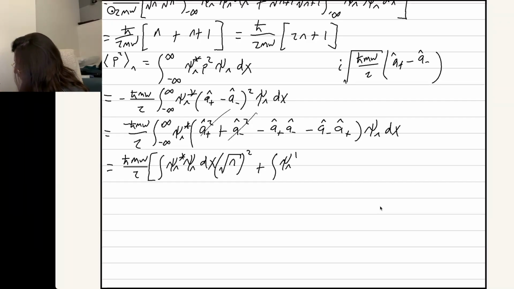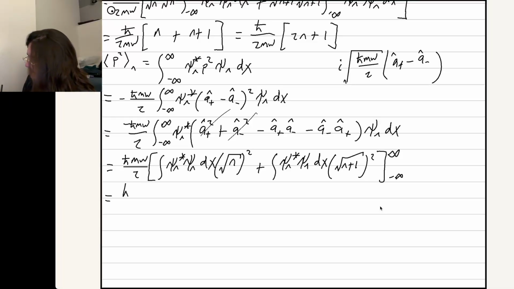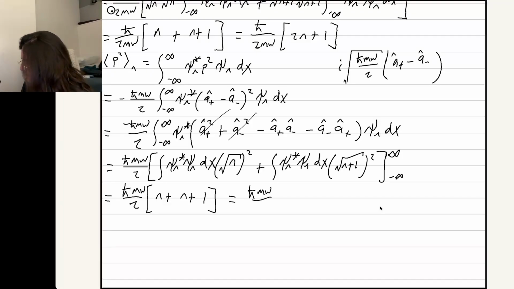And then also a psi n star psi n dx root n plus 1 squared from minus infinity to infinity. Both of those integrals are 1 again. And so we just have n plus n plus 1, which is 2n plus 1.